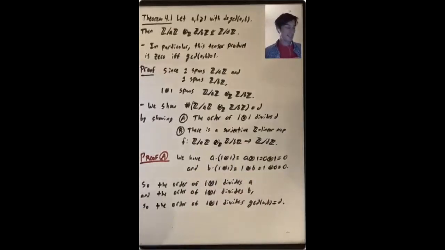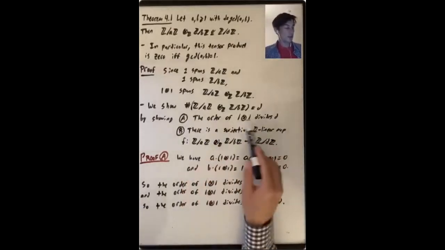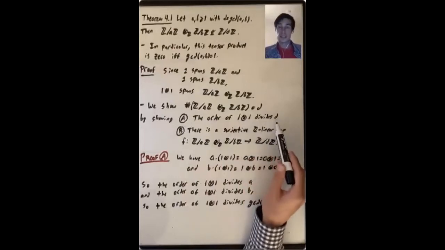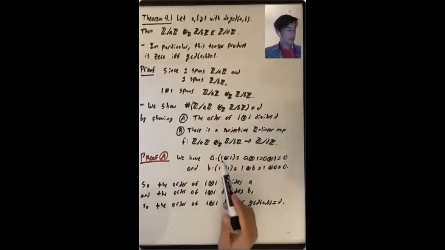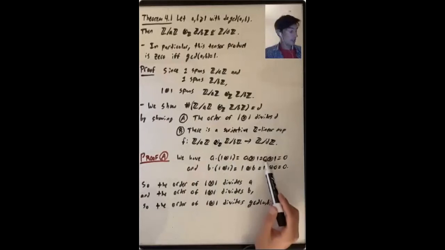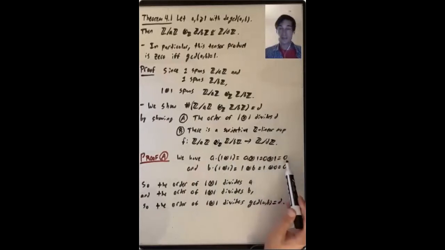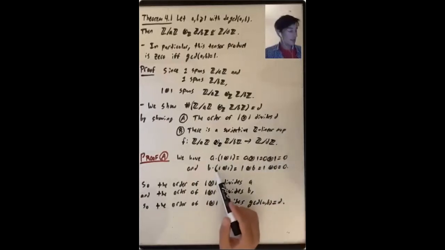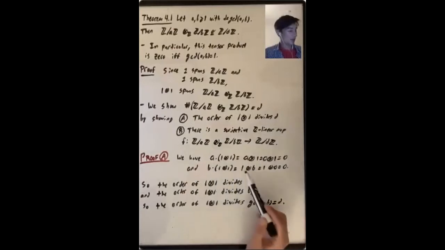All right, let's get to it. Let's prove this first part, that the order of 1 tensor 1 divides D. Well, we know that A times 1 tensor 1 is the same as A tensor 1, which is 0 tensor 1, which is 0. We also know that B times 1 tensor 1 is the same as 1 tensor B, which is 1 tensor 0, which is 0.